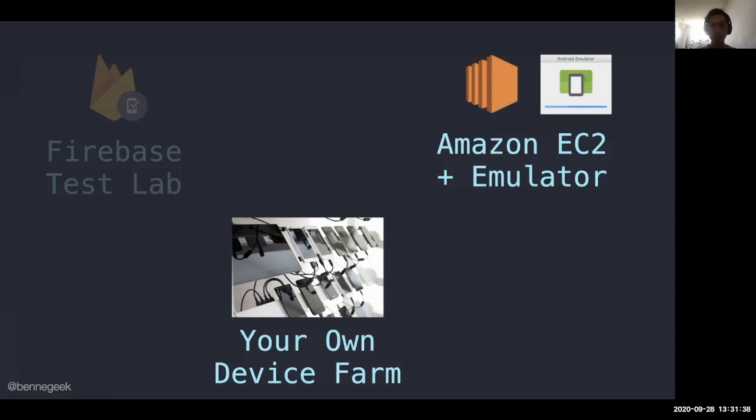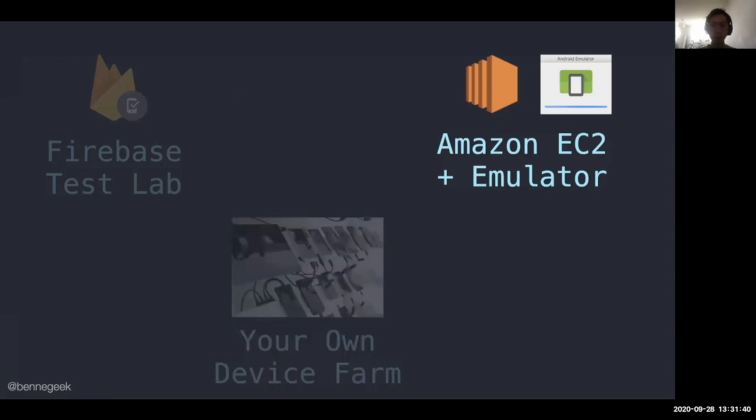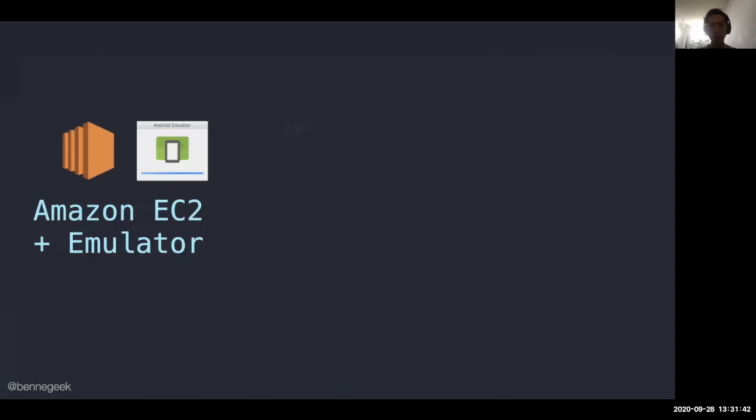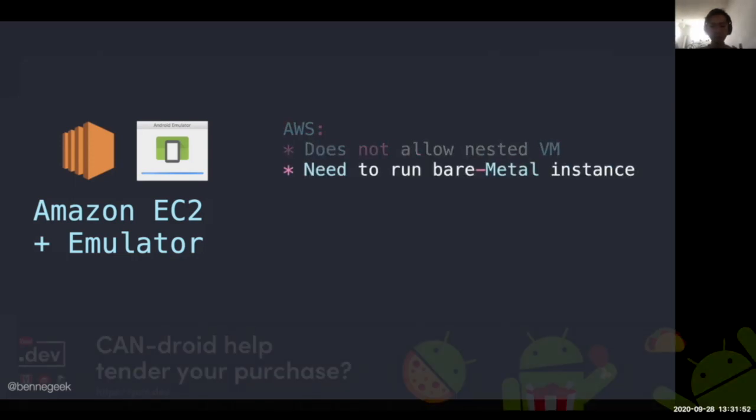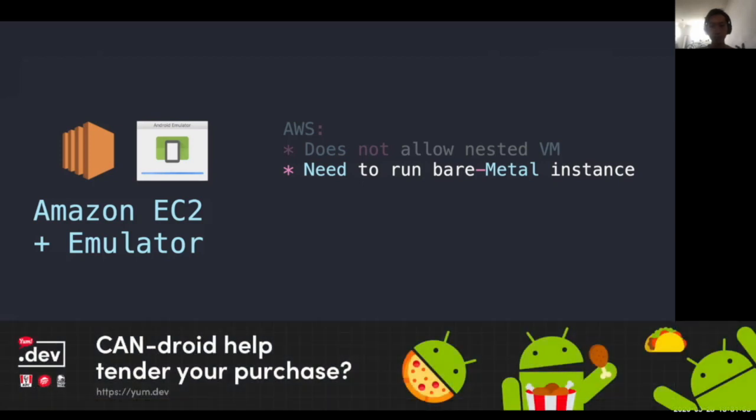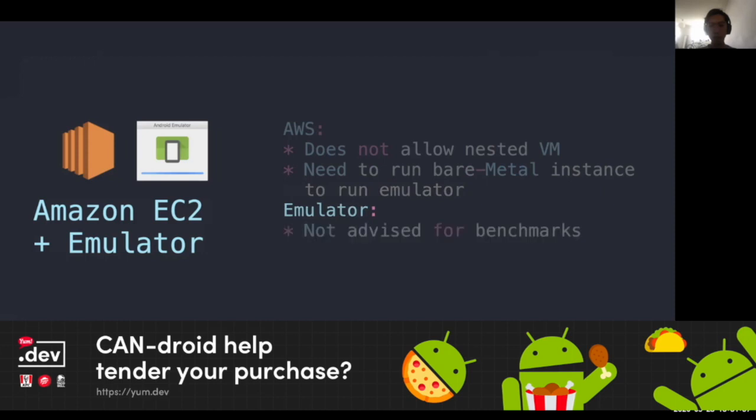So first, let's go through Amazon EC2 plus emulator. It will not work because Amazon does not allow nested VM, and you need to run bare metal instances. So it's not so simple to run the emulator.